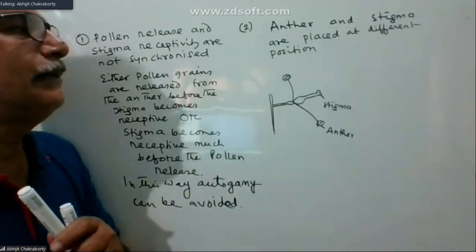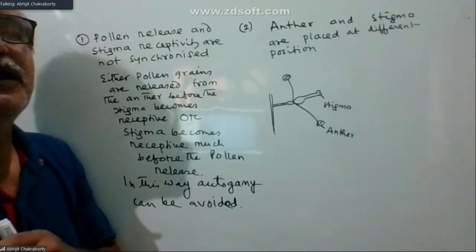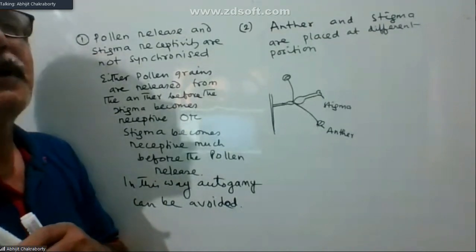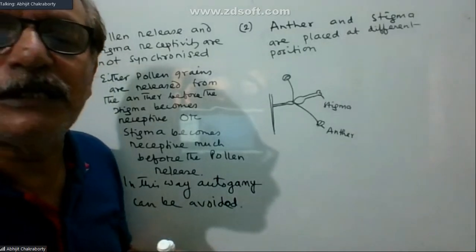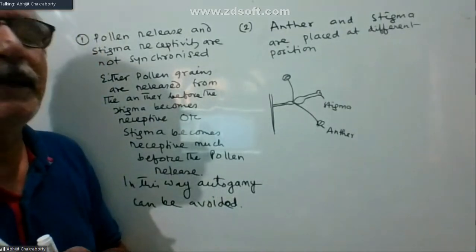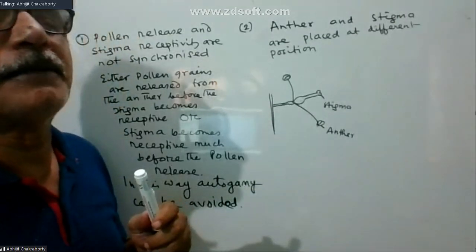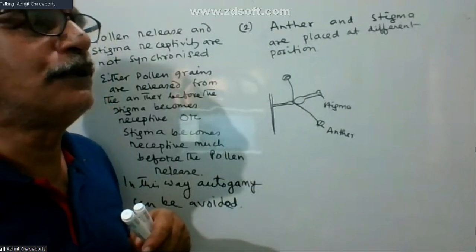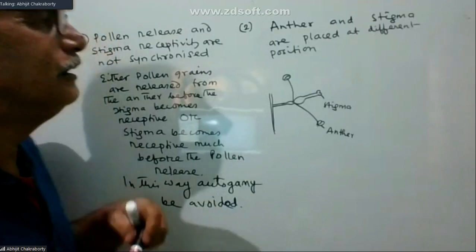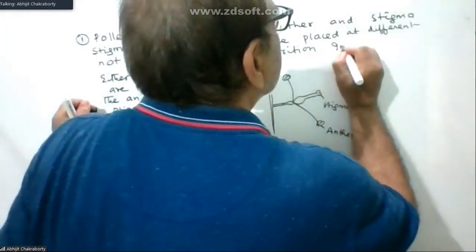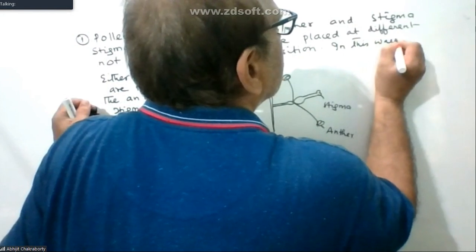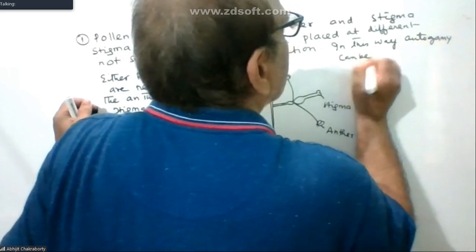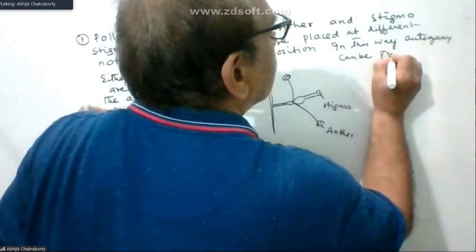As I said earlier, in order to ensure autogamy, the anther and stigma are required to be present very close to each other. But you see, here anther and stigma are at different positions, and this position can't help in self-pollination. So in this way, autogamy can be prevented.